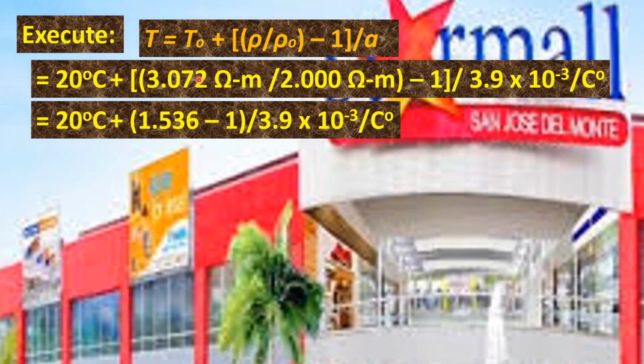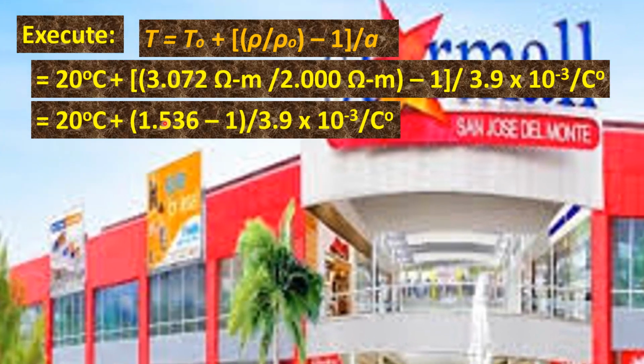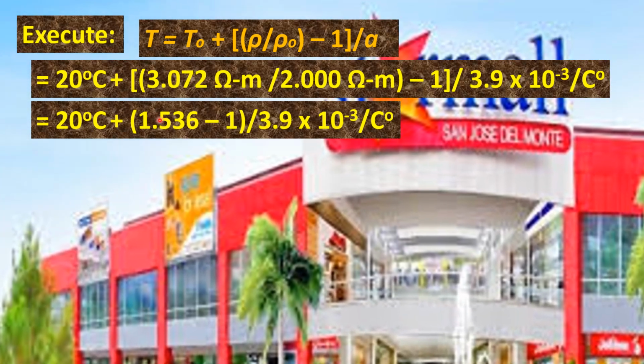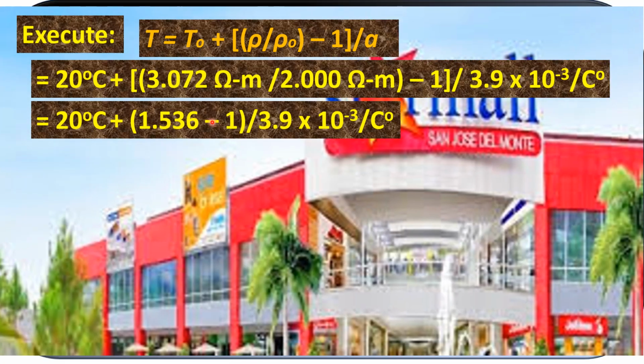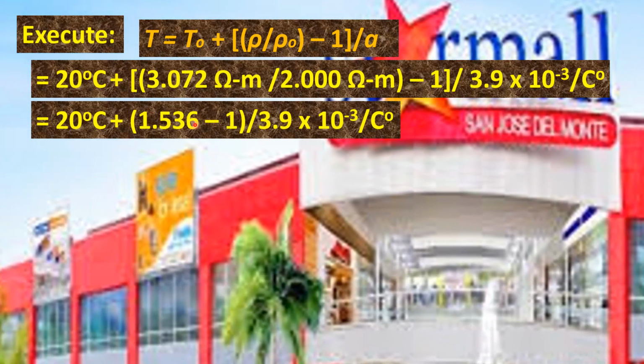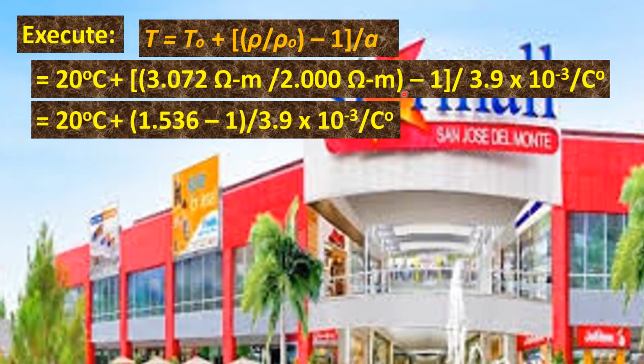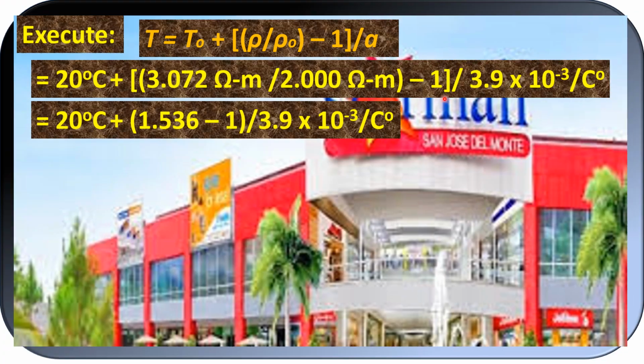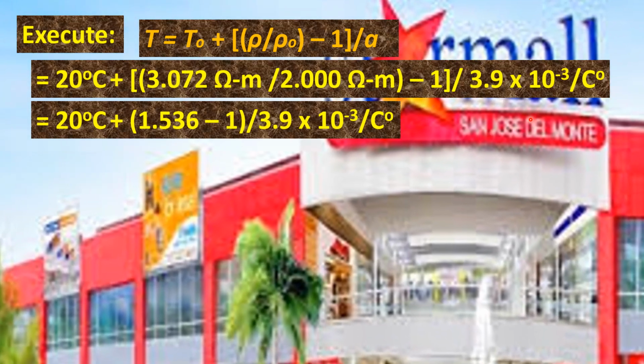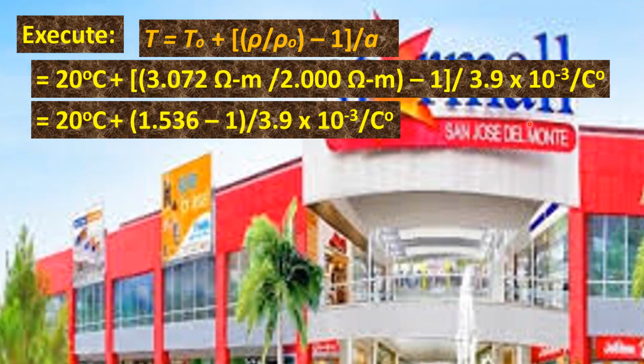The ohm meter unit cancels out. So 1.536 minus 1 becomes a unitless number, and that will be divided by the value of alpha, 3.9 times 10 to the negative 3 per Celsius degree.